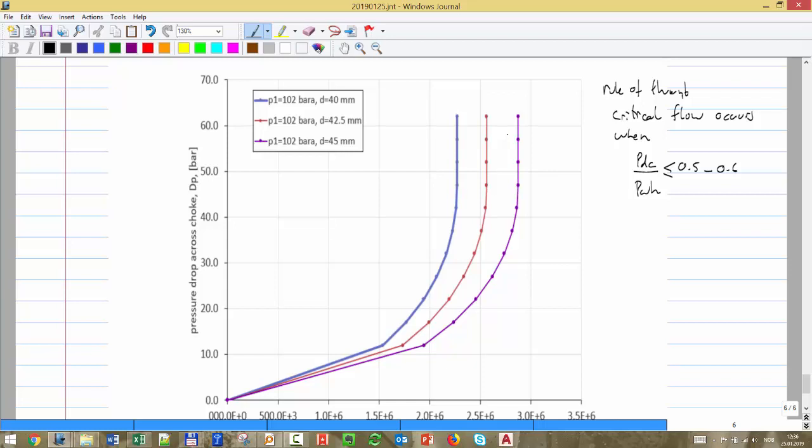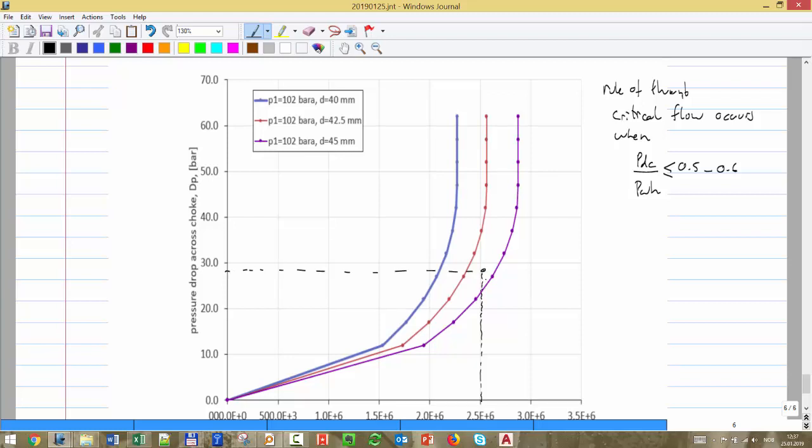So here we have different openings: 40, 42.5. And this I can make simply by changing that restriction. In a bean choke, I just simply replace the restriction by another with a smaller diameter, or I simply regulate the opening of the choke. So the point we have is 2.5, the rate, the operational point that I desire, and the dP is like 28, so it's on that regime.